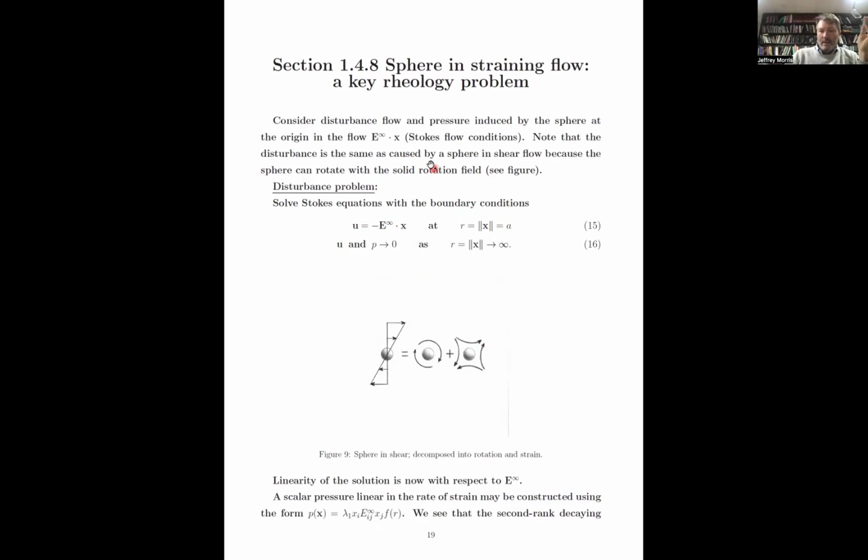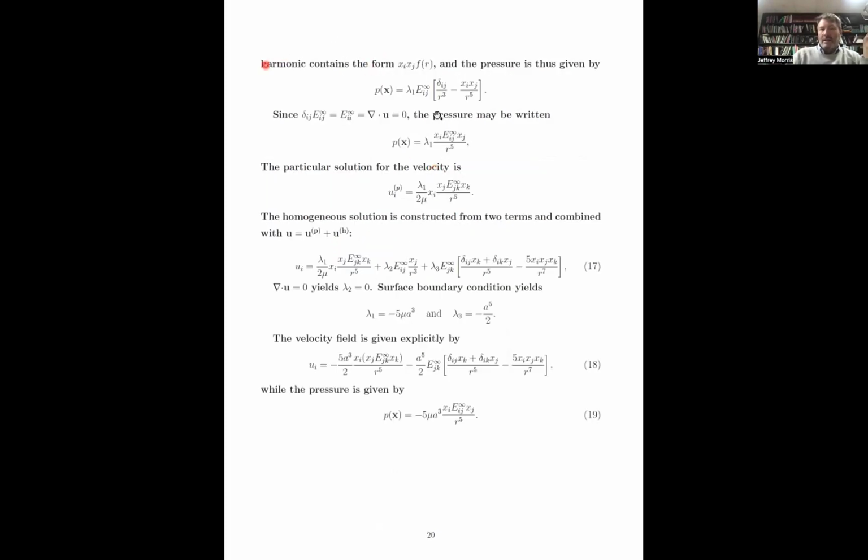To construct a solution, we now have to get a scalar harmonic that's linear in the rate of strain. We constructed a solution before. The scalar harmonic for the pressure is E_ij delta_j, and then the x_i x_j term. These then have this dependence as r to the minus 3 for the pressure.